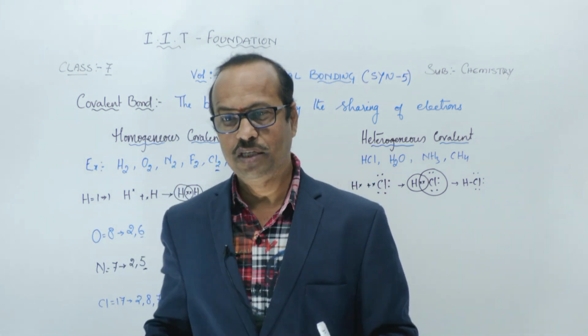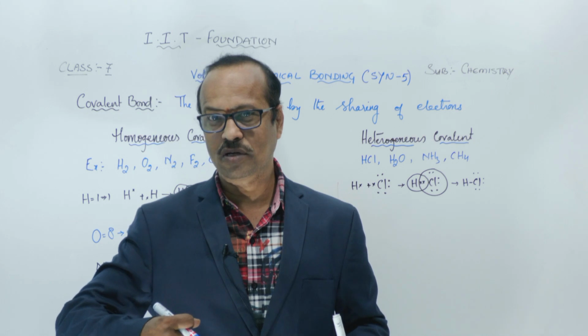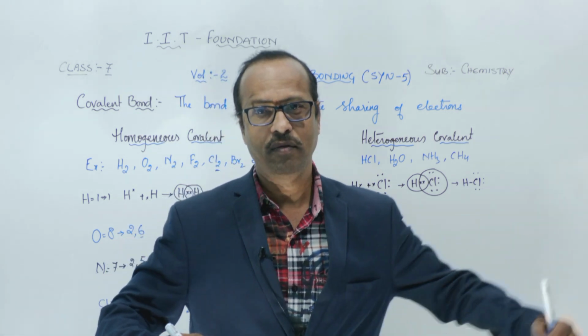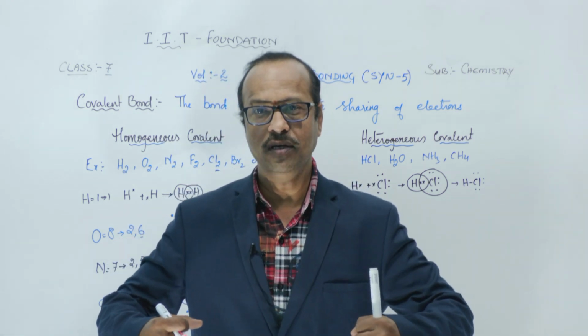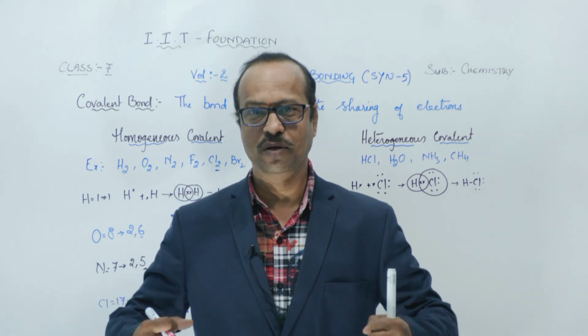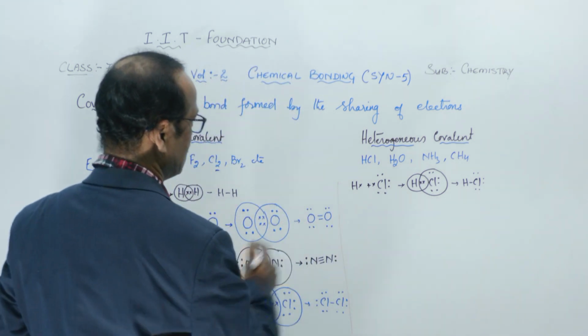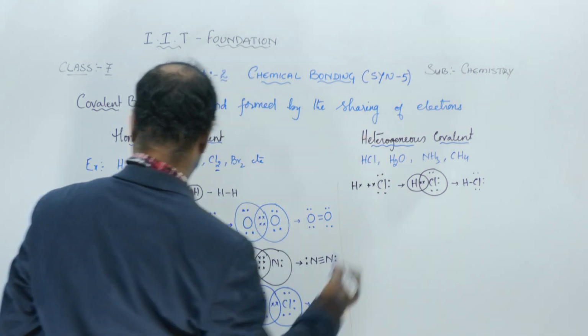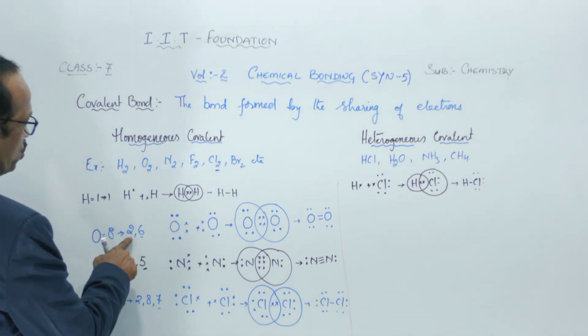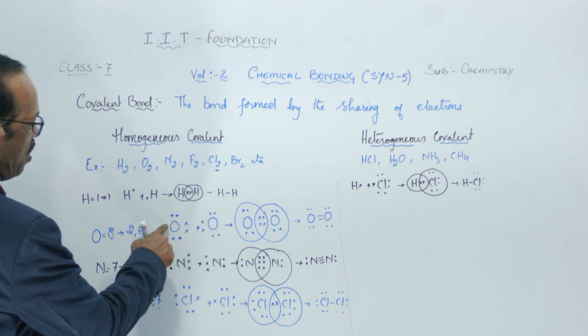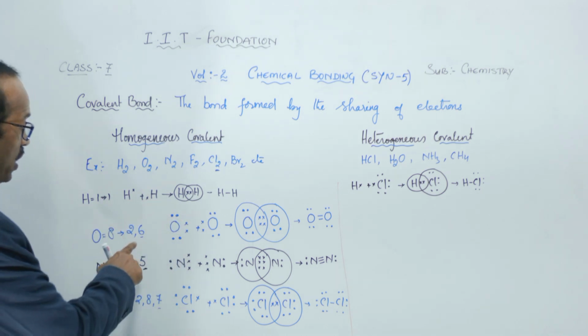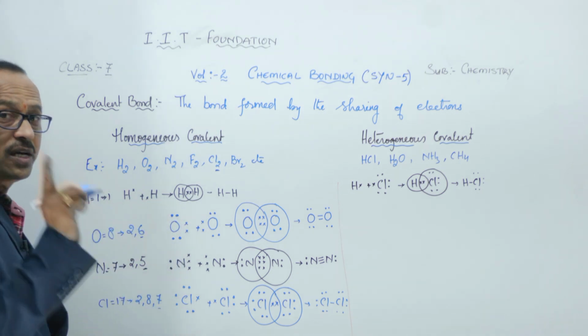Clear to you? So here the oxygen is forming a bond with this hydrogen, and also one bond with the other hydrogen. Two hydrogens it's bonding with. Now oxygen, we already discussed, its electronic configuration is 2,8. Oxygen has how many electrons in the valence shell? 6 electrons.